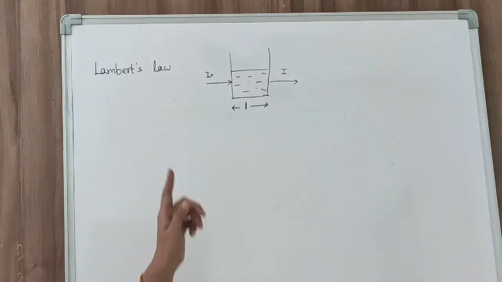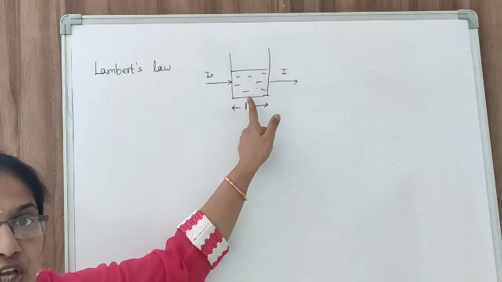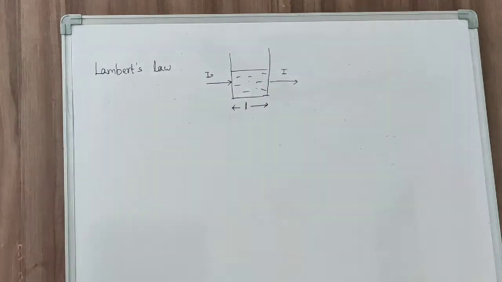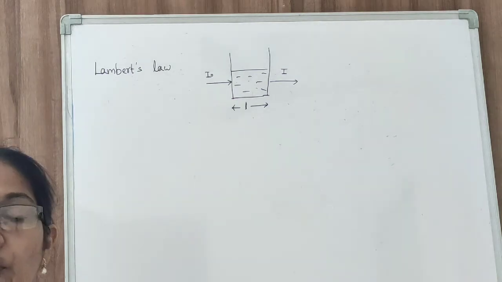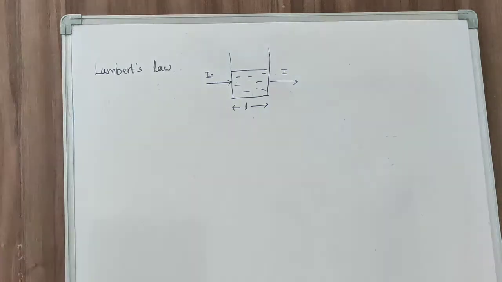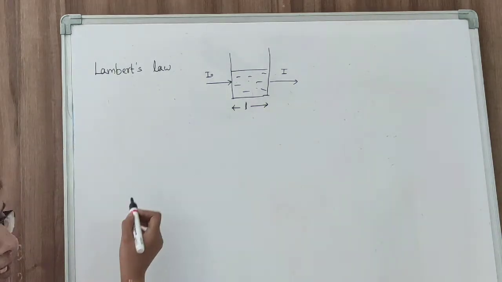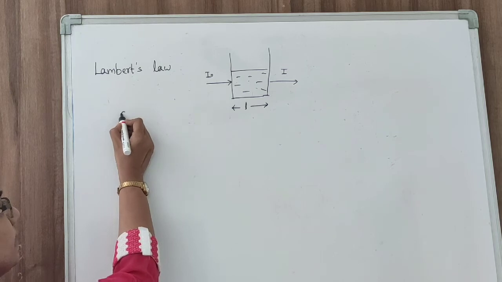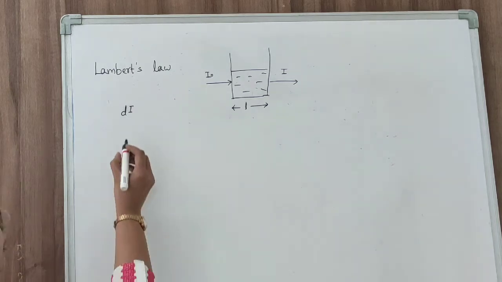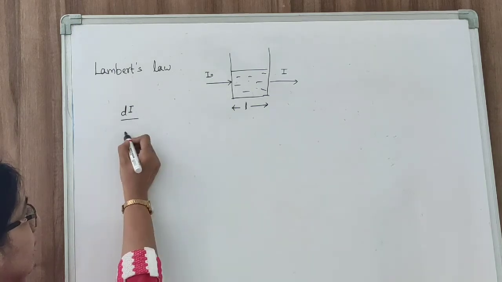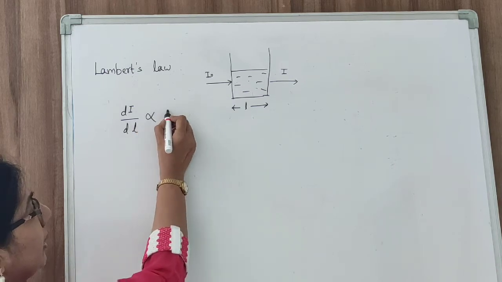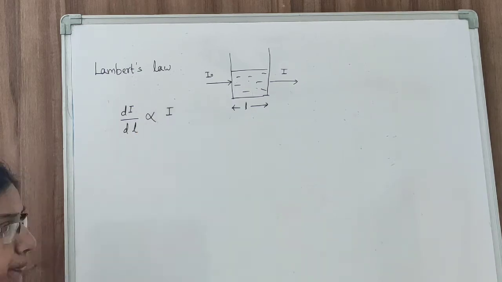Mathematically, we can say the decrease in intensity dI with thickness dl is proportional to the intensity of incident radiation.